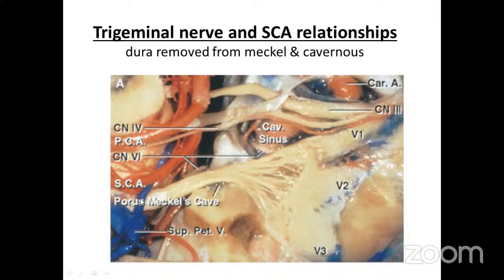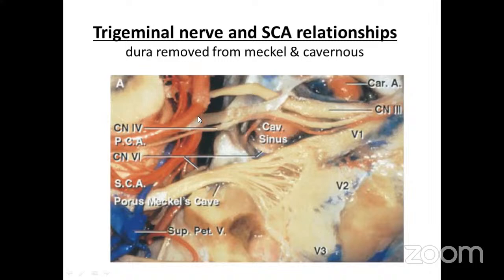Here this is the mid part of the pons from which the cranial nerve fifth arises, and it goes here into the Meckel's cave where it joins the trigeminal ganglia, and from here the three divisions of the trigeminal nerve arise. And this artery that goes superior to it is the superior cerebellar artery.